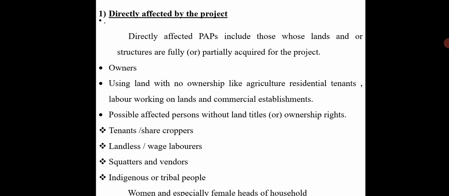Using land with no ownership, like agricultural, residential tenants, laborers working on lands and commercial establishments, possible affected persons without land titles, tenants, wage laborers, vendors, indigenous or tribal peoples. Similarly, women and especially female heads of household.